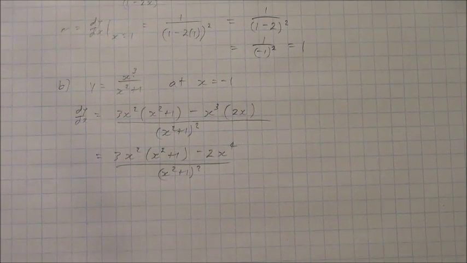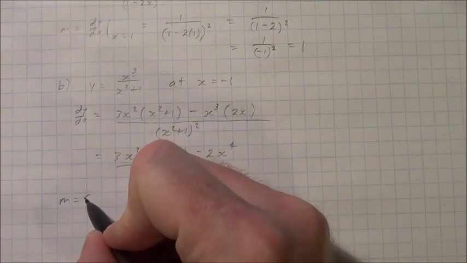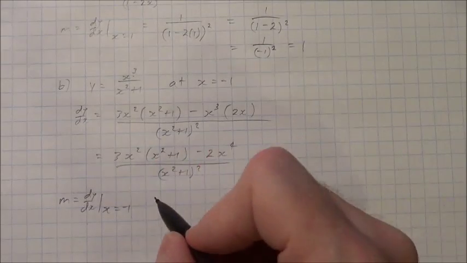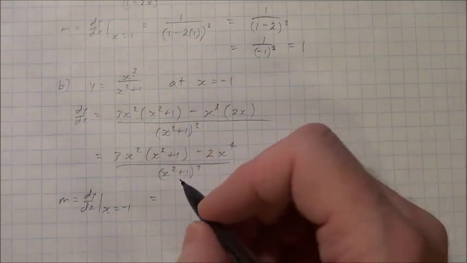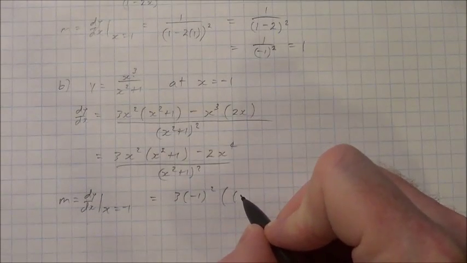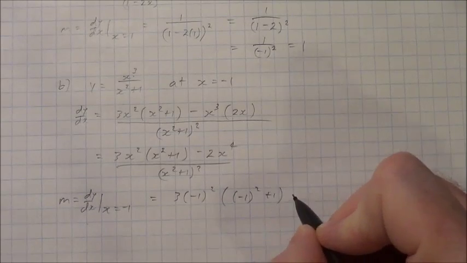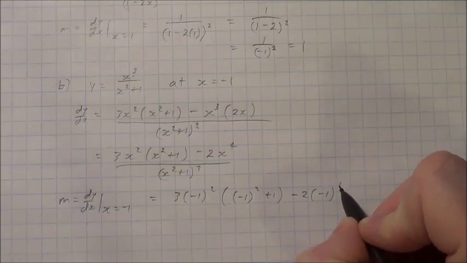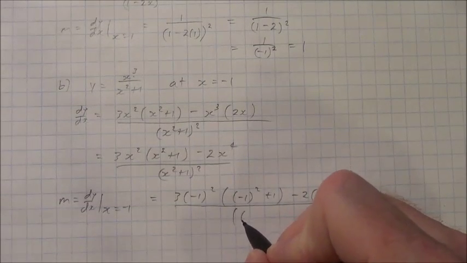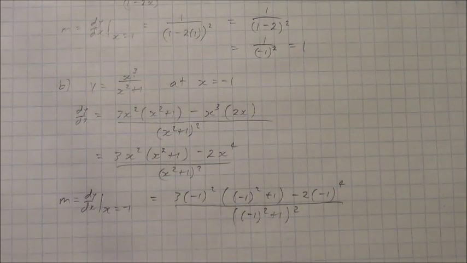And then I'll evaluate the gradient by substituting x equals negative 1 into the function. So I have 3 times quantity negative 1 squared, times quantity negative 1 squared plus 1, minus 2 times quantity negative 1 to the power 4, all over negative 1 squared plus 1 all squared.